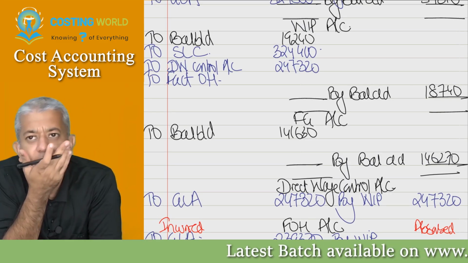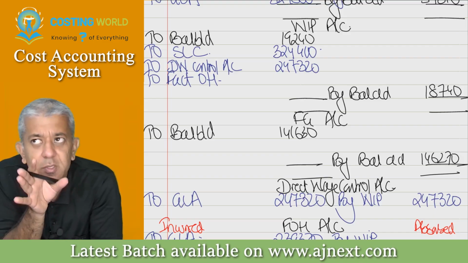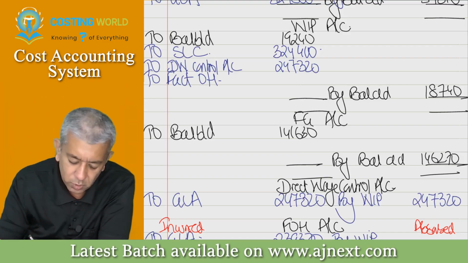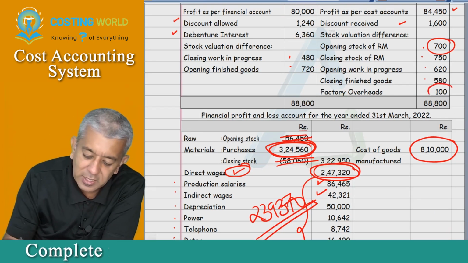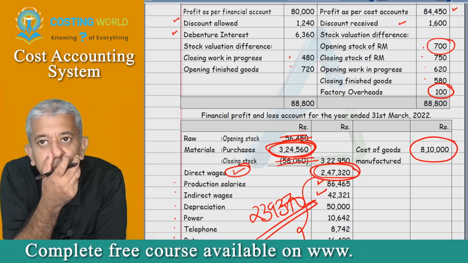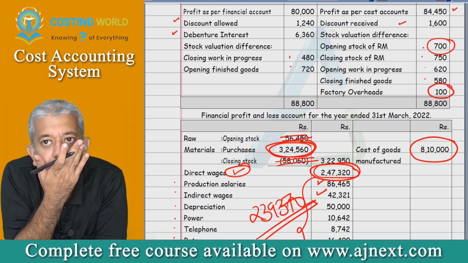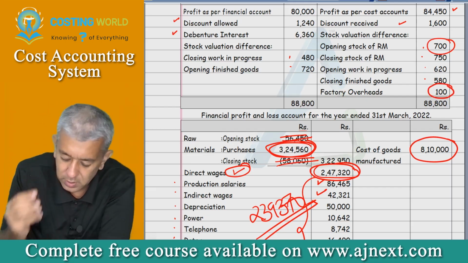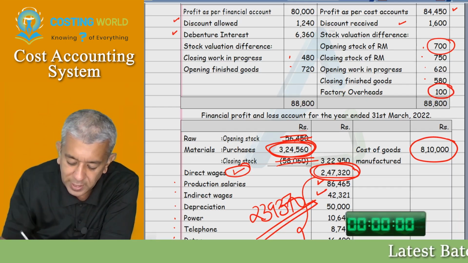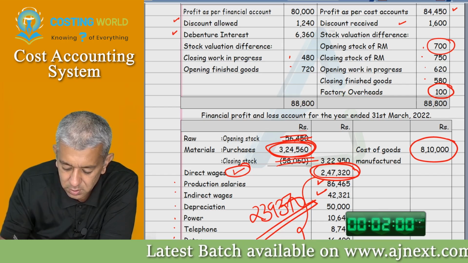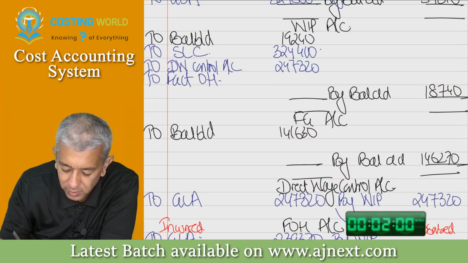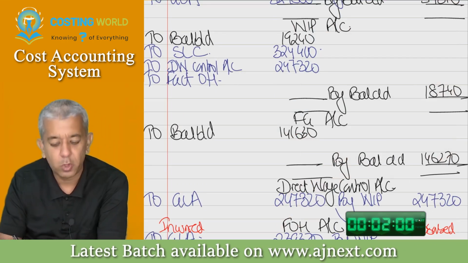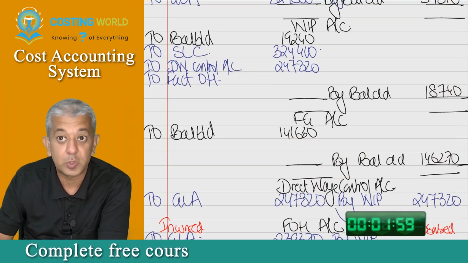But what I am saying, there must be some difference between incurred amount and absorbed amount, and that is why this 100 rupees difference has come, no? Correct, no? For 2 minutes, don't speak. Tell me, will absorbed amount be 100 rupees higher or lower? Just think.